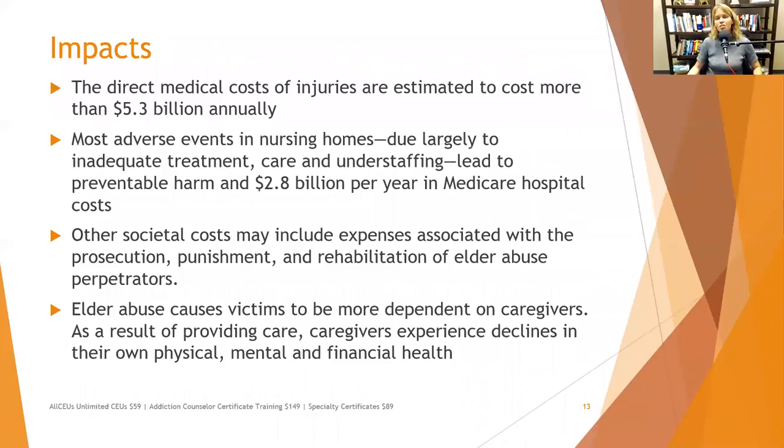The direct medical costs of injuries because of elder abuse and neglect cost more than $5.3 billion annually in the U.S. Most adverse events in nursing homes are due largely to inadequate treatment, inadequate care, and understaffing, which leads to what they call preventable harm of $2.8 billion per year just in Medicare expenses each year.